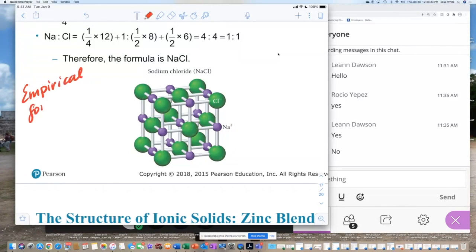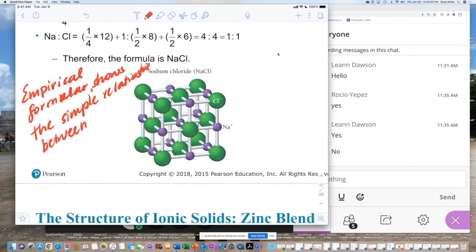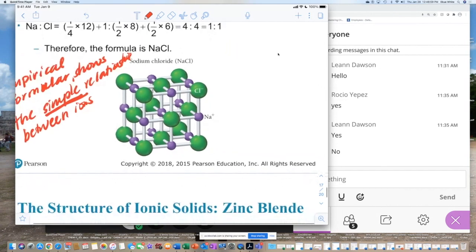Empirical formula shows the simple relationship between ions. Remember that simple or simplified relationship because that will be important in our formula here.